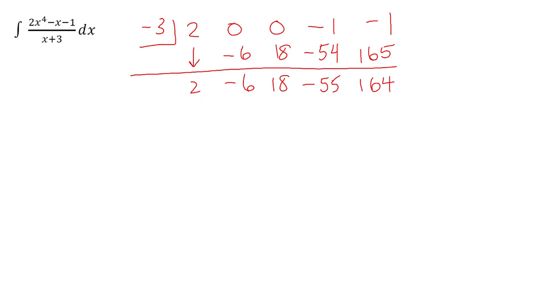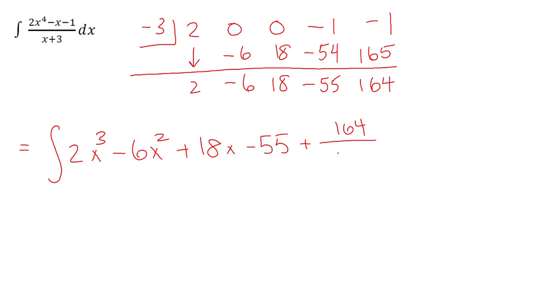Now it's just a nice easy integral. The integral of 2x cubed, because we dropped down 1 power, minus 6x squared plus 18x minus 55 plus 164, our remainder, over our original denominator. And we integrate using the power rule. X cubed goes up to x to the 4th, and we divide the 2 by the 4, gives us 1/2 x to the 4th. And then minus 6x squared, and we'll divide by 3, so minus 2x cubed.